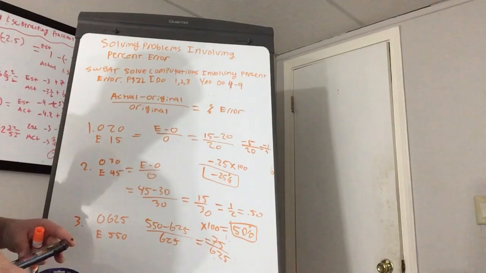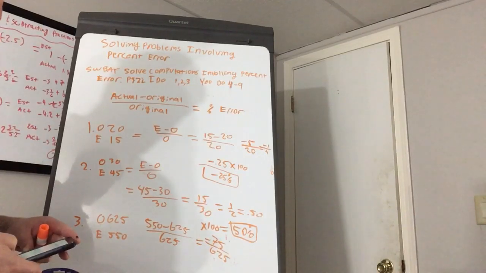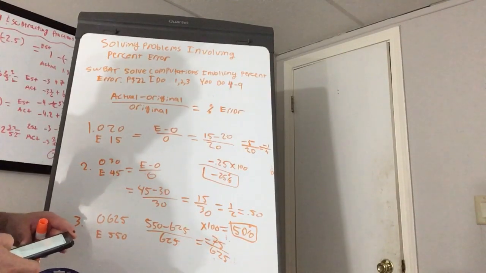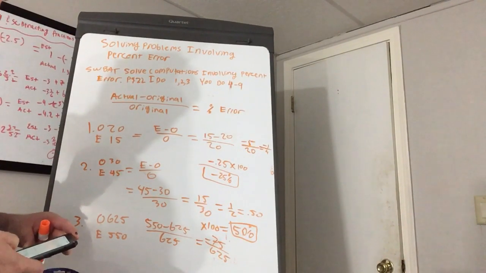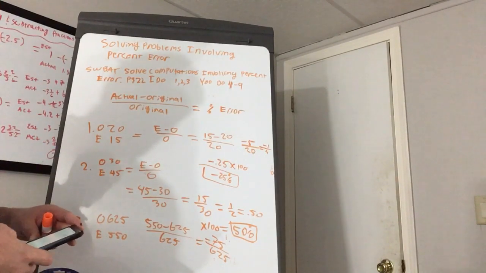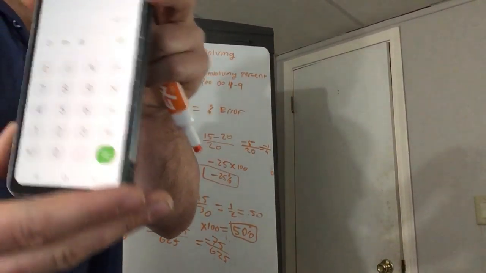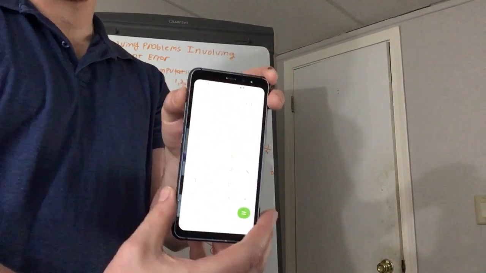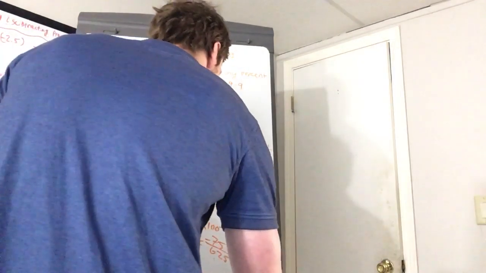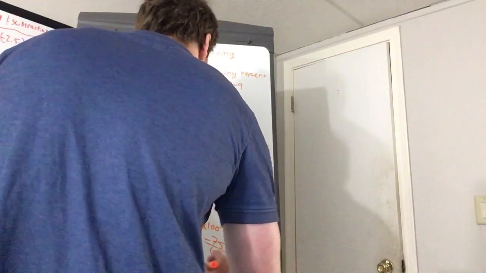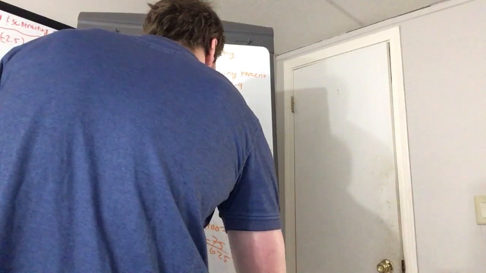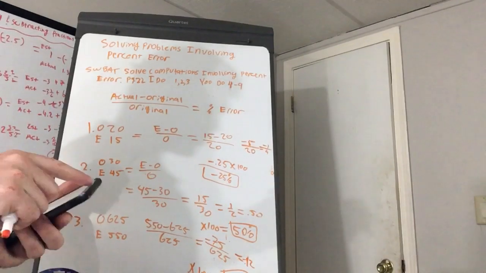We'll do negative 75 divided by 625. I'd type it in exactly like that. That equals negative 0.12. Multiply that by 100, you'll get negative 12%. You were off by 12%. You were wrong by 12%.